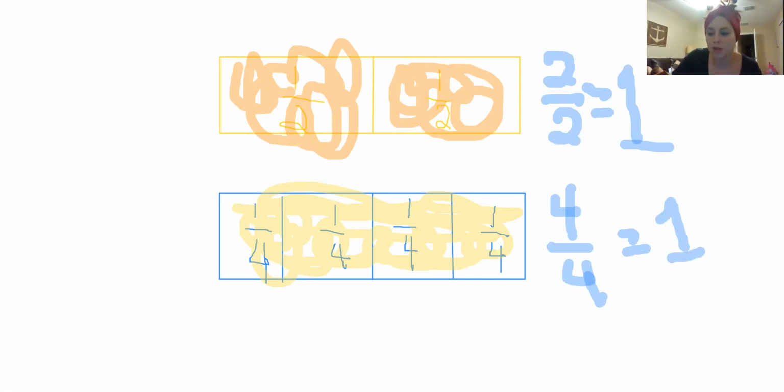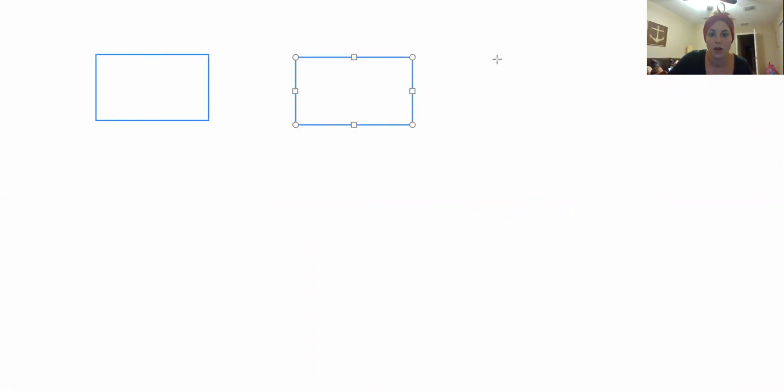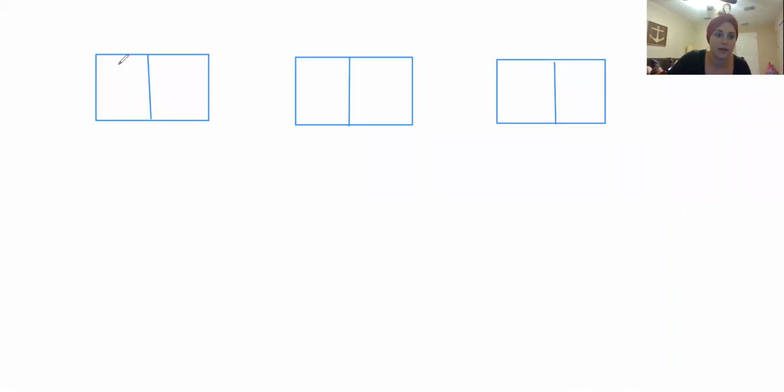But what would you do if I said that I now have 3 wholes, and each of these wholes were broken into half pieces? So I know I have 1/2 and another half.